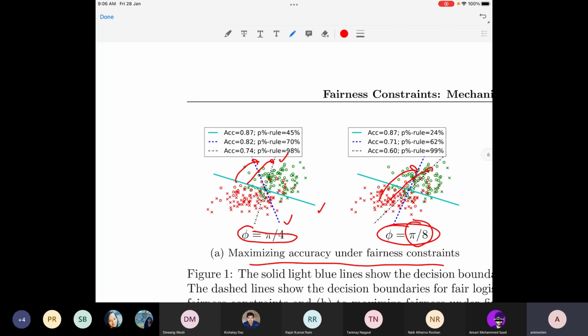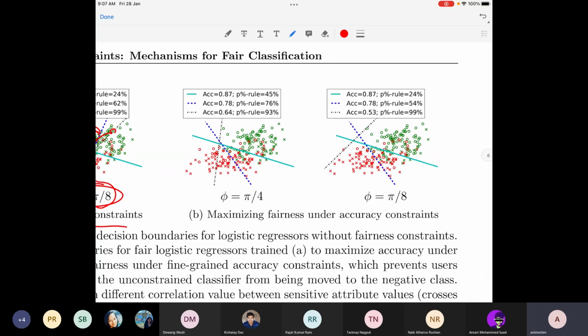The other part was where we would see what happens when you try to maximize fairness under accuracy constraints. And this is what the authors show in this second set of results. So what you see here, again, this same line as earlier is the line that separates the positive from the negative.